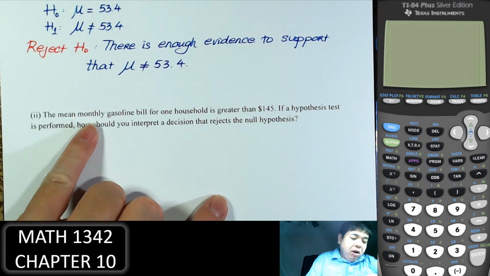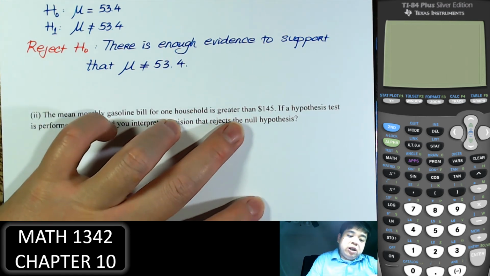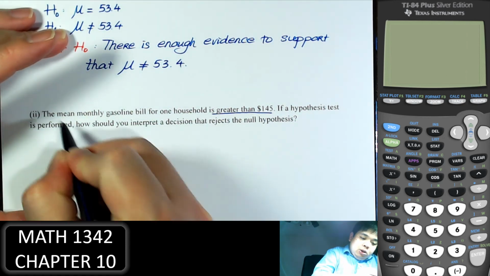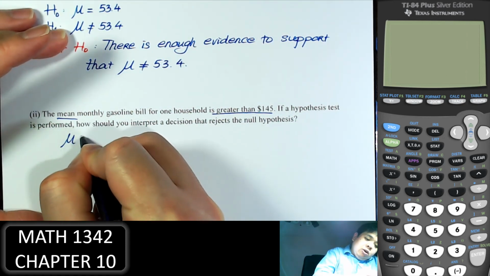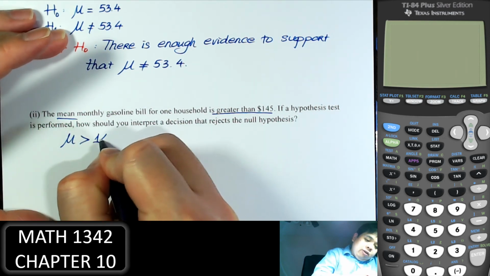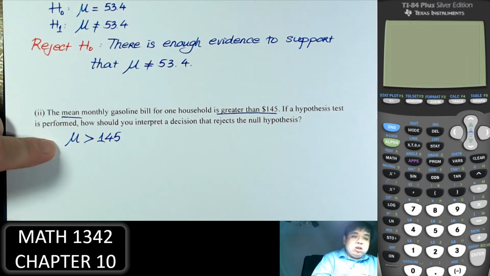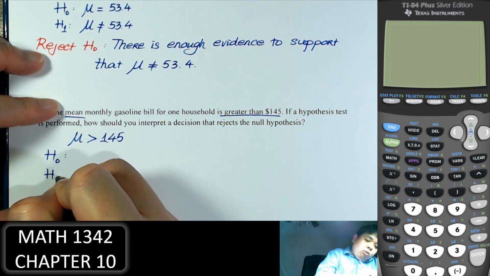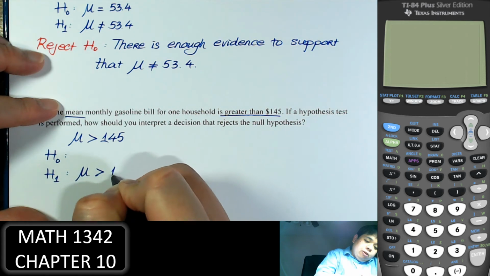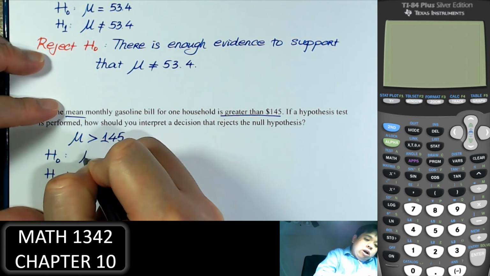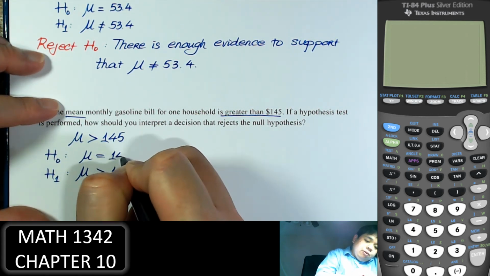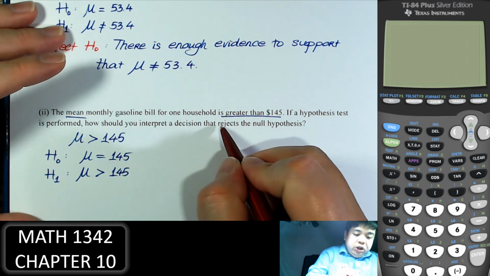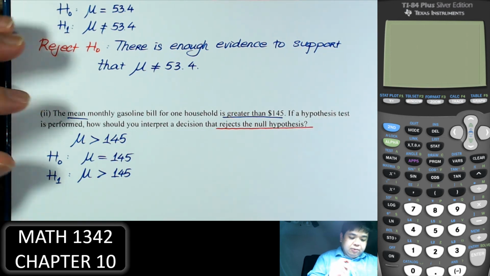Right. The mean monthly gasoline bill for one household is greater than 145. So the mean is greater than 145. This one doesn't have the equal sign, therefore that will be H1, and H0 is always equal to. Let's see the decision. Here we reject the null hypothesis.